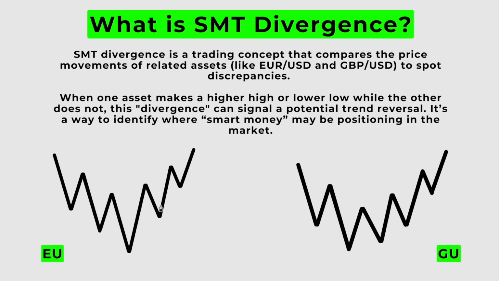So, which one of these two will be the weaker asset? It is going to be GBP USD, because on Euro USD the trend was strong enough to push down, creating a lower low, whereas GU wasn't strong enough to create a lower low.